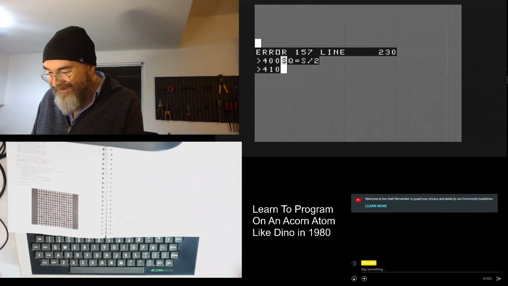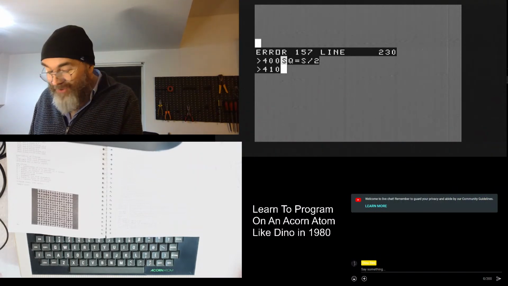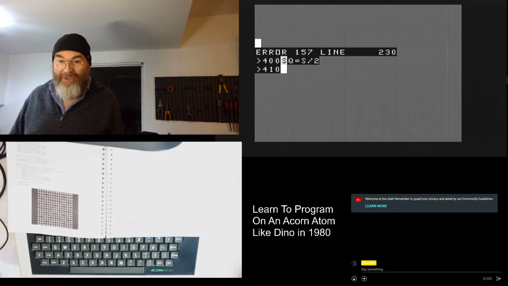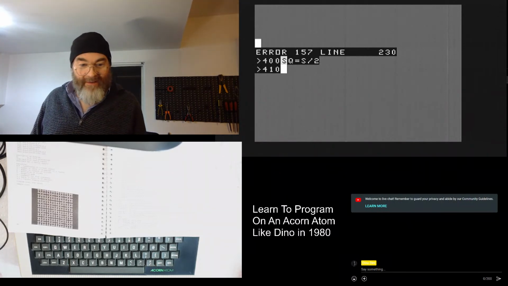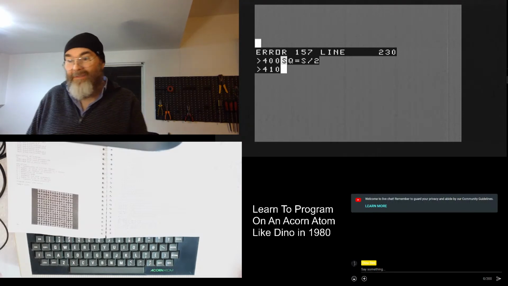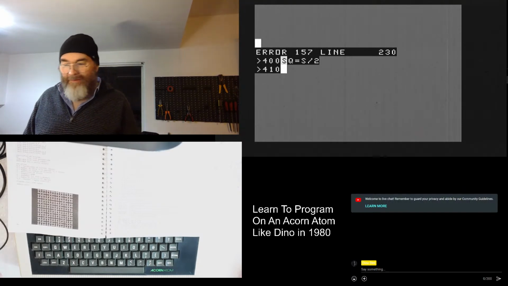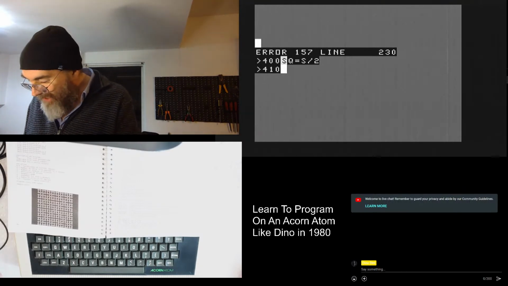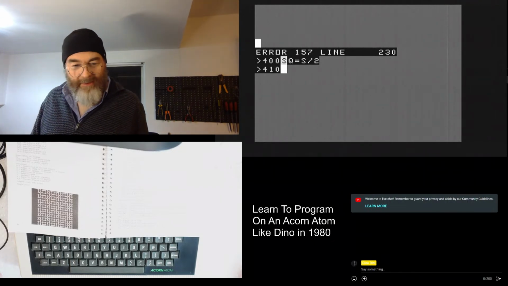There was no internet. There was no ChatGPT. I couldn't go and ask, dear ChatGPT, what's the best way to calculate the square root? All I had was page 83 of this manual.